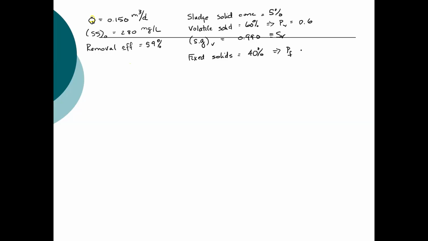Therefore, P sub F is equal to 0.4. And the specific gravity of the fixed fraction, or S sub F, is equal to 2.65.